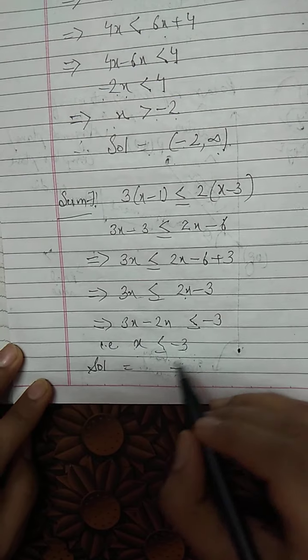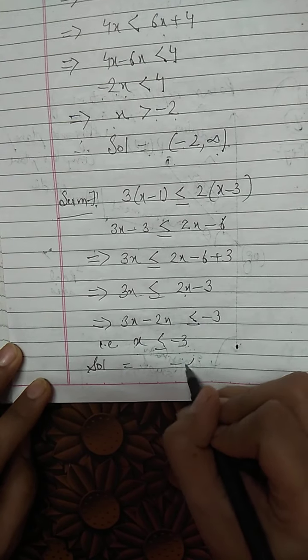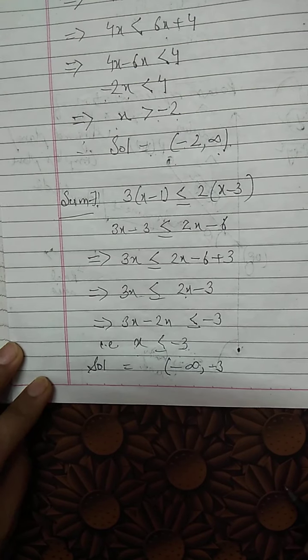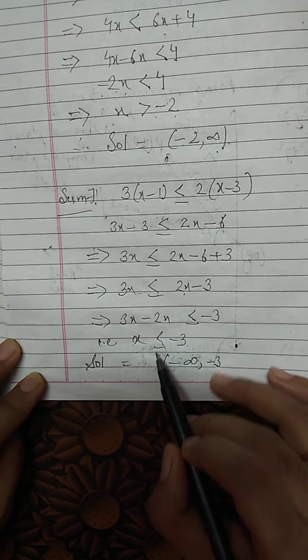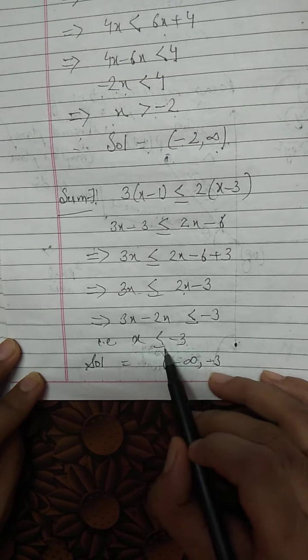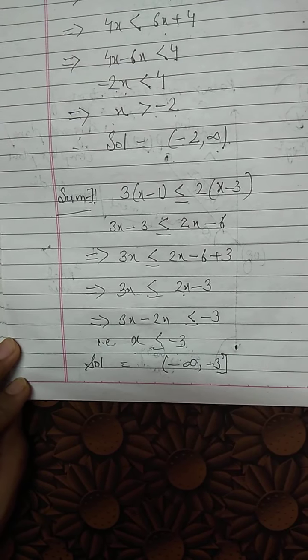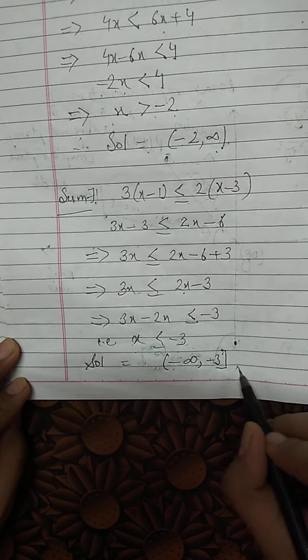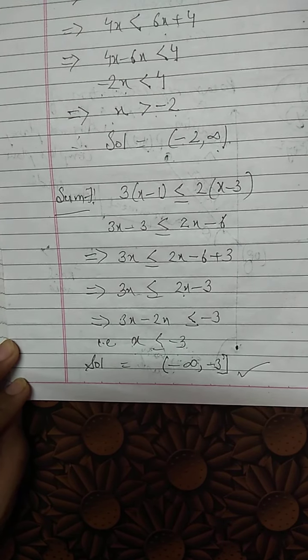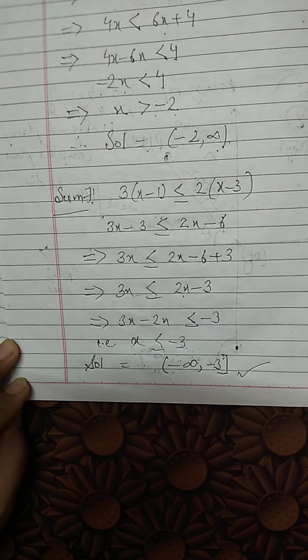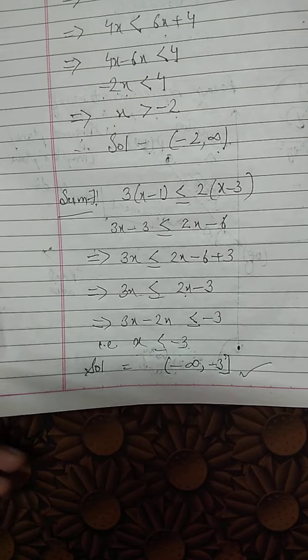It will be minus infinity to minus 3. This side definitely it will be an open bracket, since we don't have to include minus infinity, and here we will put our closed bracket because of the equality sign, right? So this will be our solution for sum number 7. Similarly, you people will do sum number 8, and now we will be doing sum number 9.